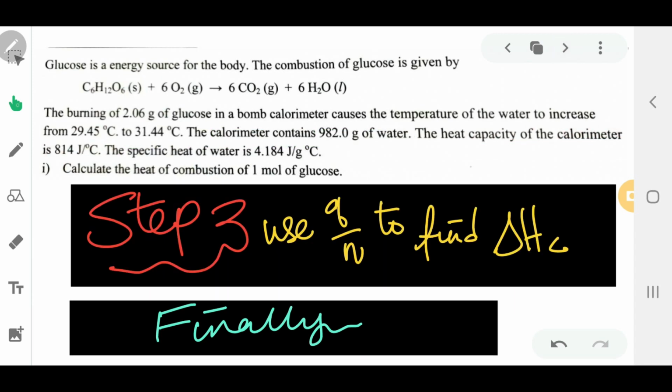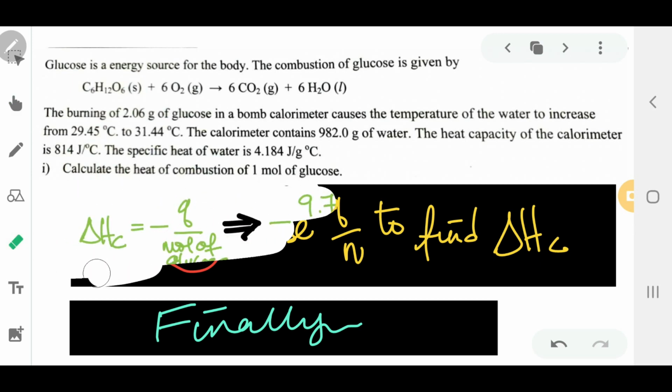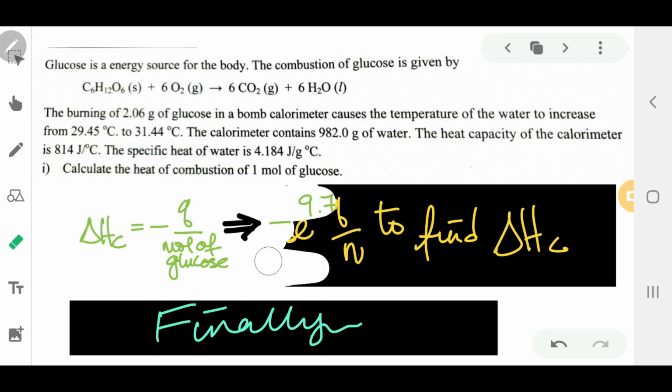Okay, so step 3, we're going to use the Q over n, the heat over number of moles, to find the delta HC, the enthalpy of combustion. So we're going to substitute that into here. You need to remember, for combustion, you need to have the negative sign in front.